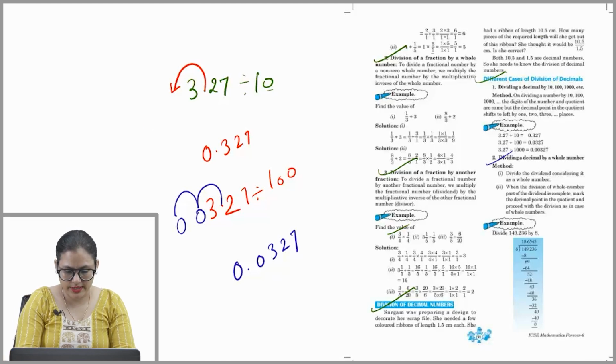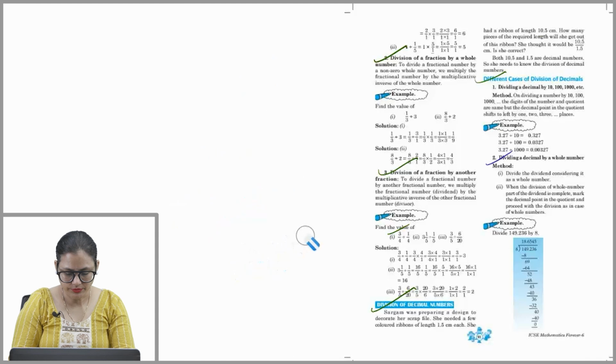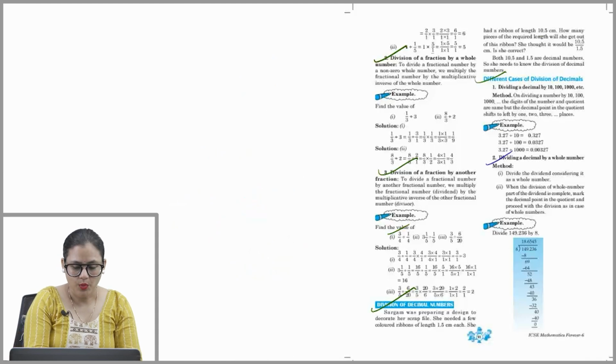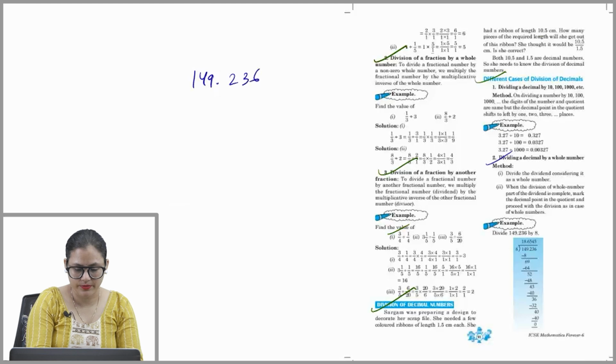we have to divide this number, which is 149.236. Okay, 8 ones are 8, 6, 8 eights are 64, 5.